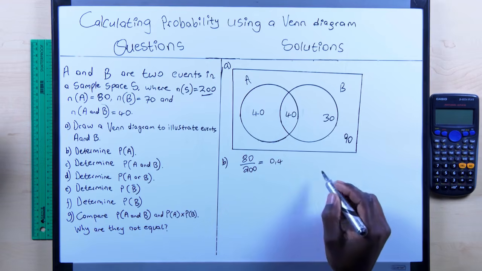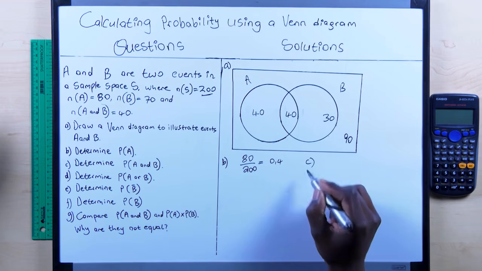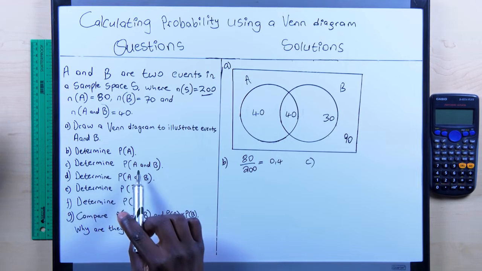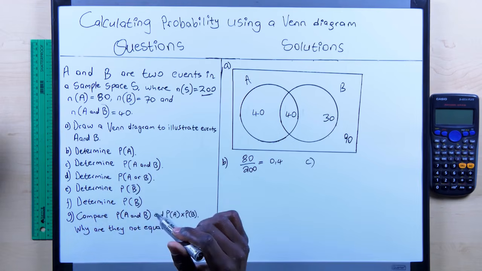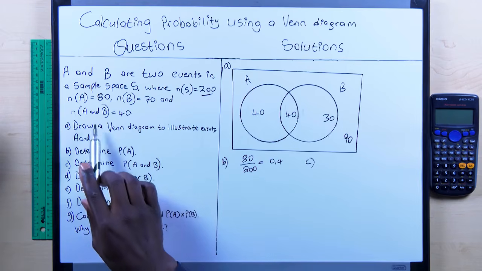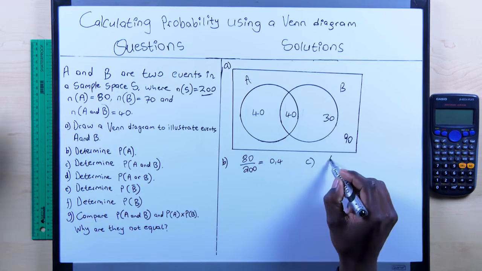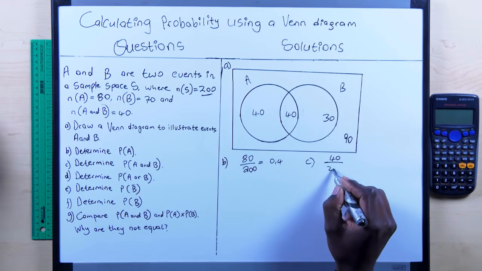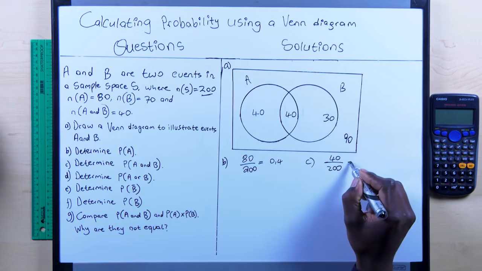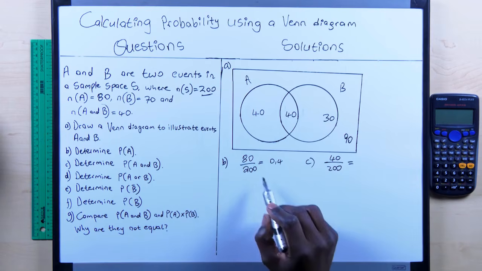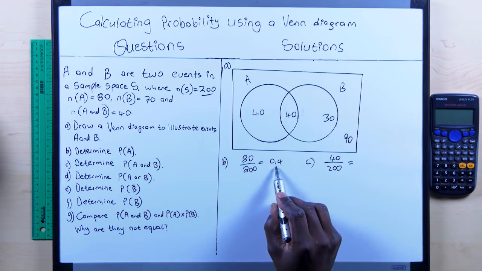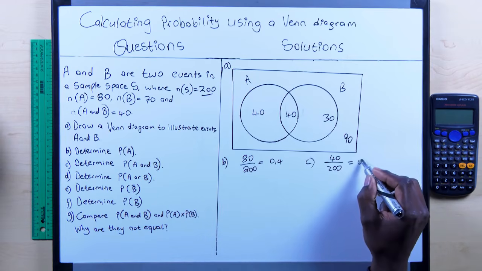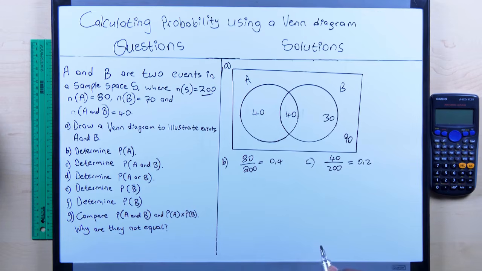We get that. Then C, determine the probability of A and B. We are given A and B already. A and B is 40. So we're going to say 40 over the total of 200, which will then give us, if 80 over 200 was 0.4, which is 40%, then obviously half of that is going to be 20%, 0.2.